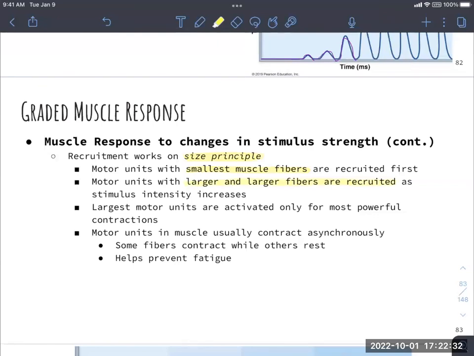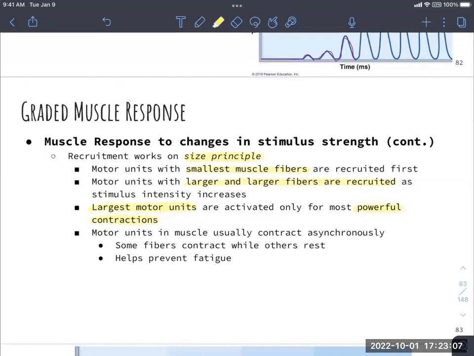The largest motor units are for the most powerful contractions, something that may happen because of an adrenaline rush, when we need our maximum strength as fast as possible.